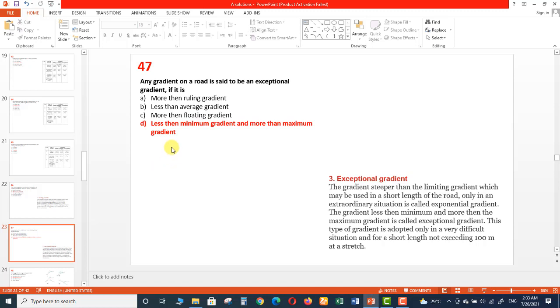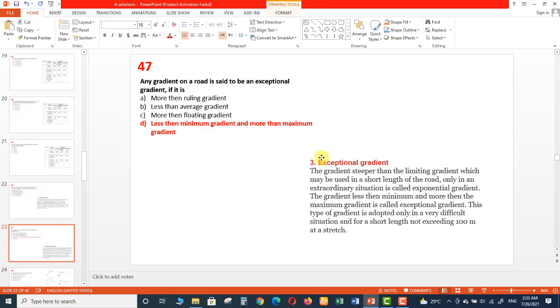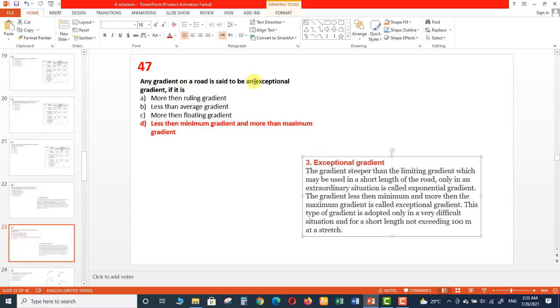Question number 47: any gradient on a road is said to be exceptional gradient if it is... Now let's see the definition of exceptional gradient. What kind of gradient is known as exceptional gradient? We have different options, like if it is more than ruling gradient.